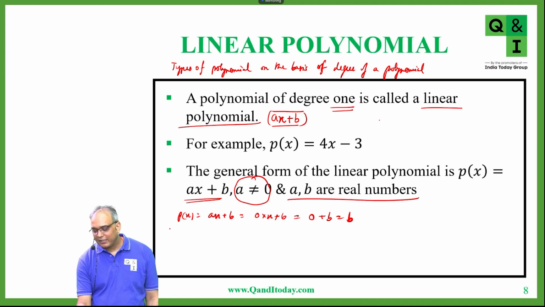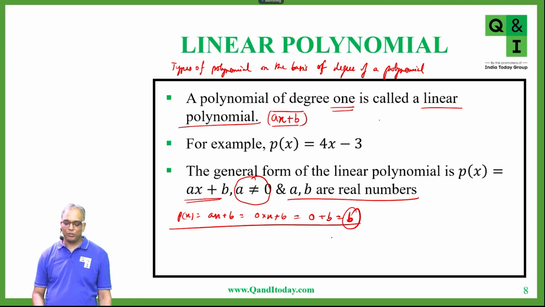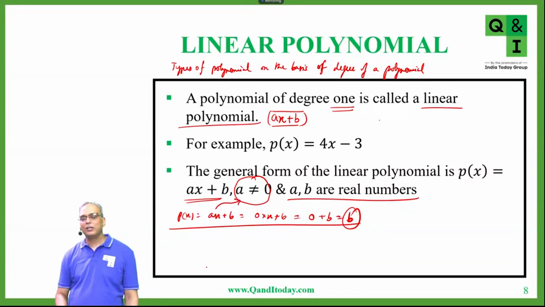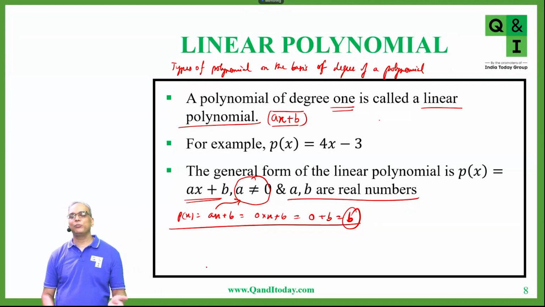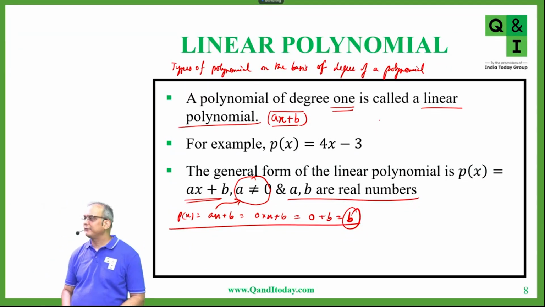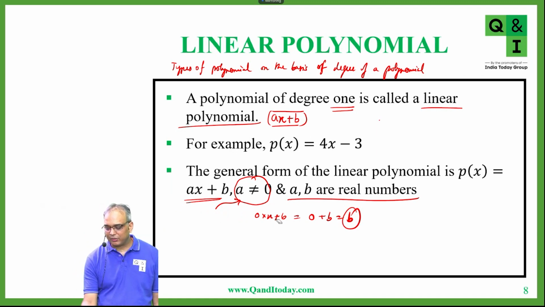Now this polynomial becomes a constant polynomial and not a linear polynomial. So that's why a cannot be 0. If a is 0, it is not a linear polynomial. It will become a constant polynomial. Clear? That's why we specifically say that a is not equal to 0.